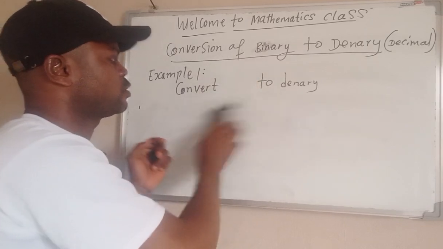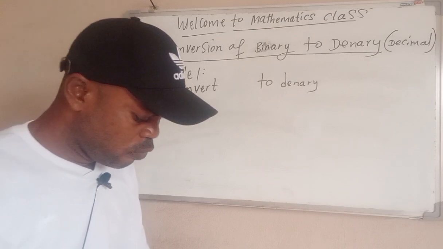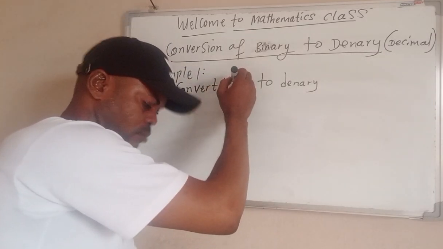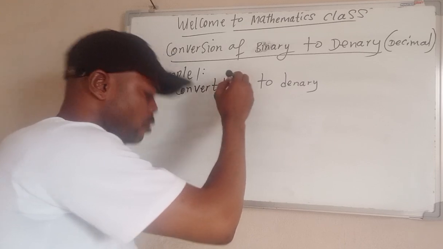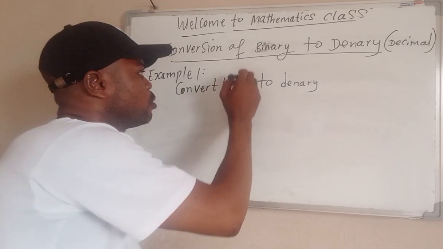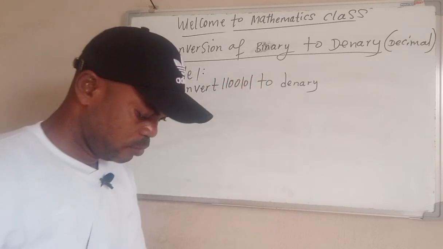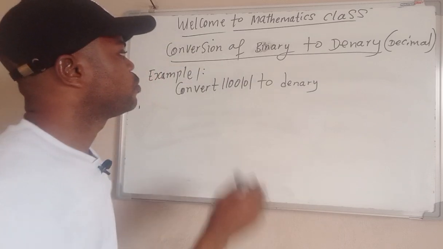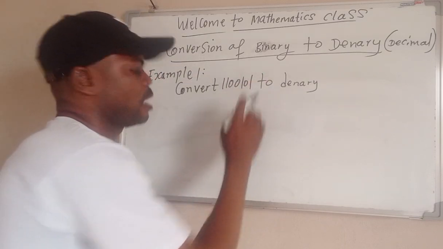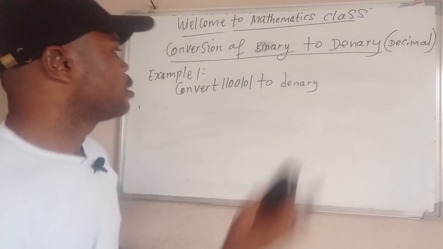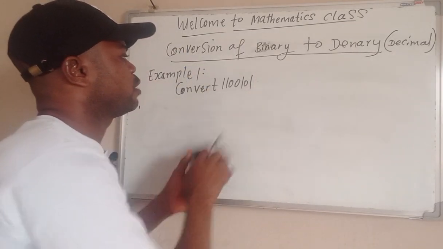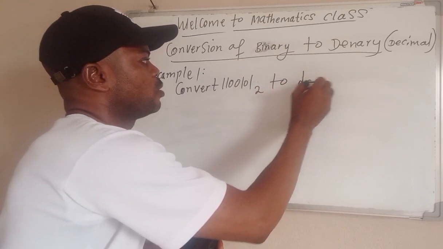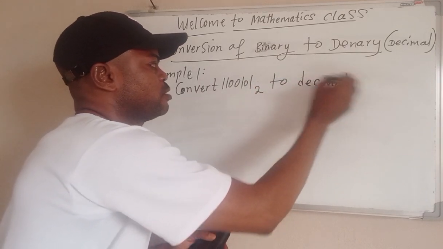Let me clean up. So, if we are told to convert 1100101, which was given in base 2, so base 2 to decimal, the same thing, don't forget it.